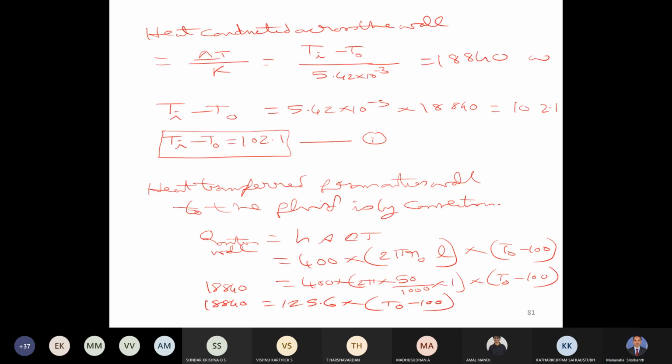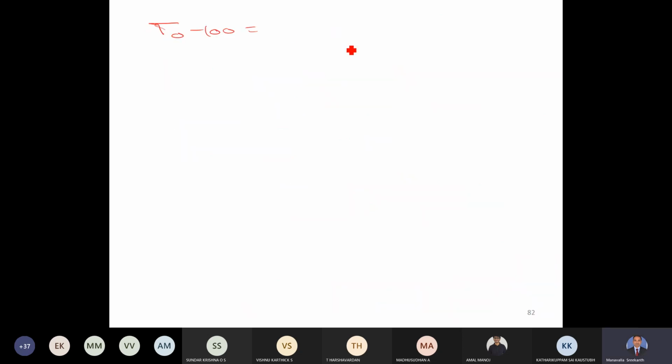Or To minus 100 will be, therefore To is equal to 250.